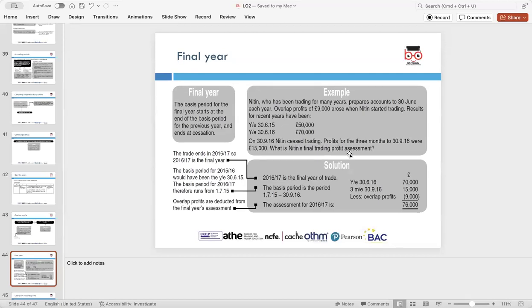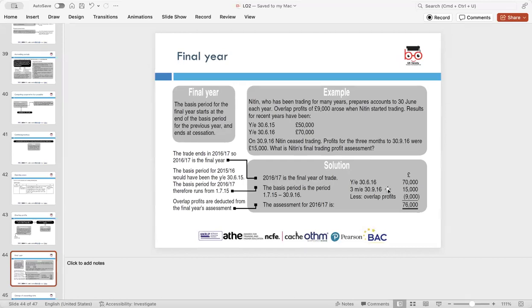Now we have to calculate Nitin's final trading profit assessment for 16-17. We add up the profit for the year ending 30th June 2016, which was £70,000, and the profit for the 3 months ending 30th September 2016, which was £15,000. However, we must remember to deduct any overlap profit.